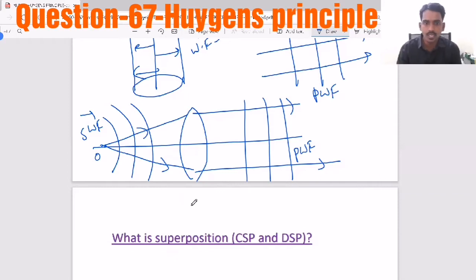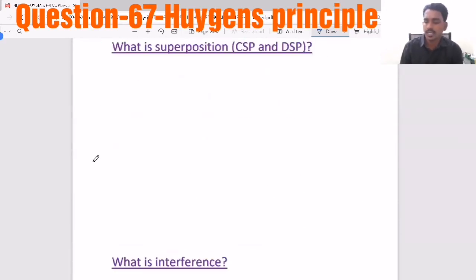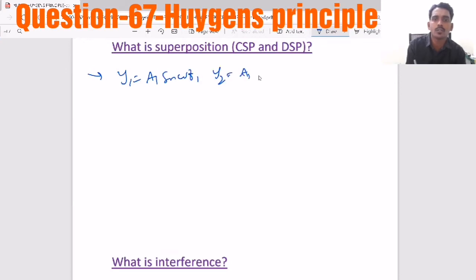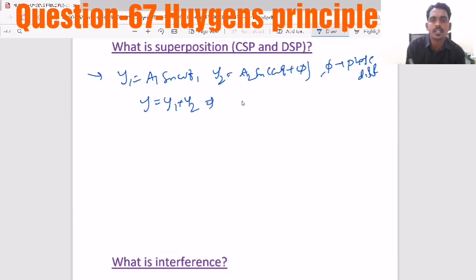Similarly, the next thing you have to understand is what superposition is. When you consider two waves, y1 equals a1 sin omega t and y2 equals a2 sin(omega t plus phi), where phi is the phase difference, then when they combine you get the resultant wave as the vector sum.